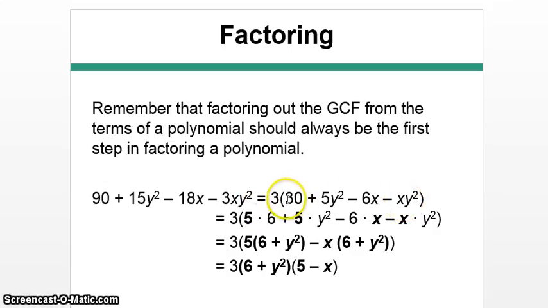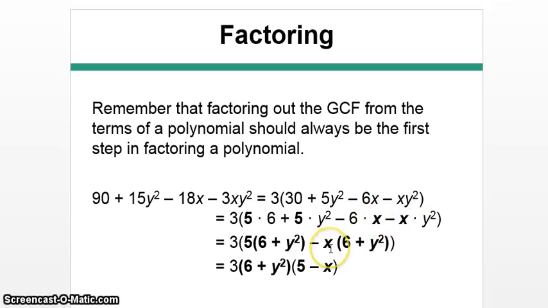So again we factor 30 as 5 times 6, here 5 times y square, 6 times x, and x times y square. Look at these 2 terms, 5 is the common, so factor it out. Give a parenthesis, what is left? 6 and here plus y square. And in these 2 terms, x is the common factor to both the terms, so GCF will be x.